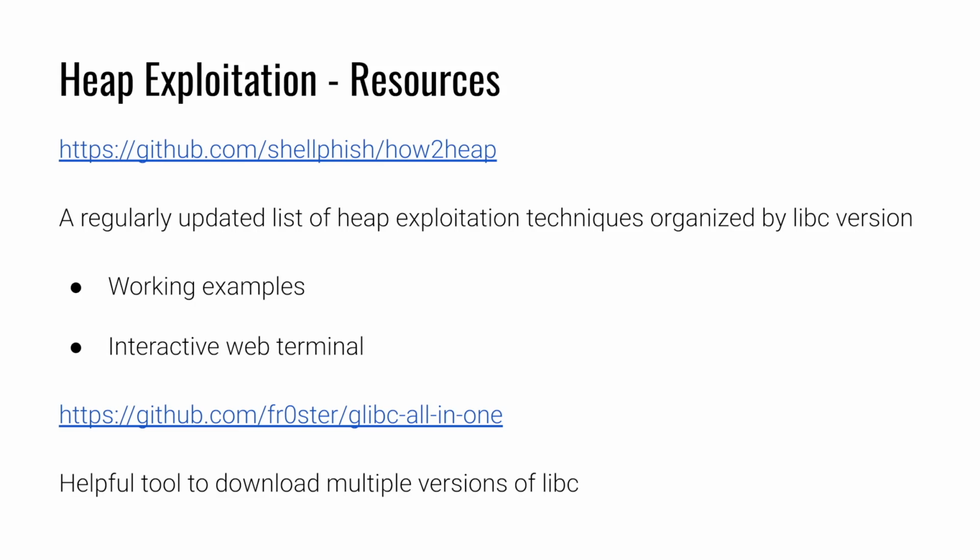So when people do write-ups and post them online, it's very easy to come across outdated or incorrect information. This repository is a regularly updated list of heap exploitation techniques that are organized, sorted, and verified by libc versions. These exploitation techniques are written in C with working examples of the proof of concept.